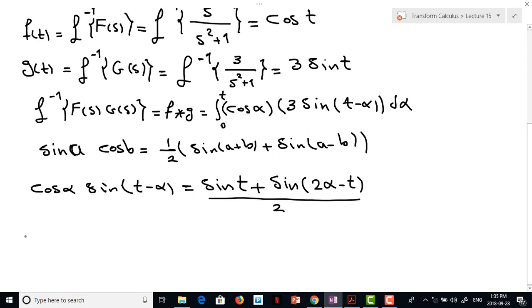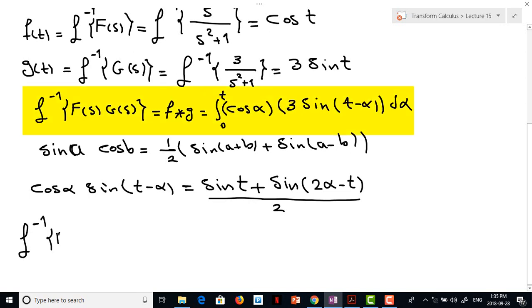As a result, Laplace inverse of F(s) times G(s) is equal to the integral from 0 to t. So we have 3 times cosine alpha times sine (t minus alpha).